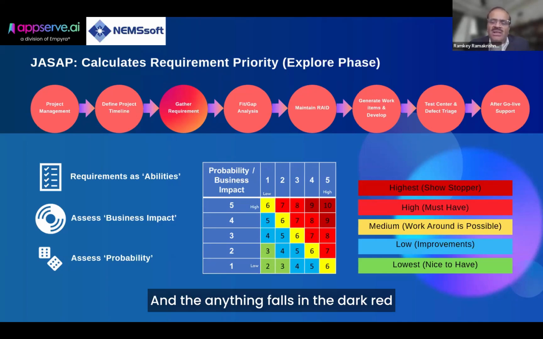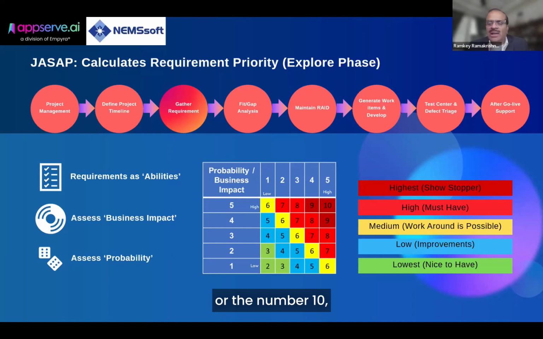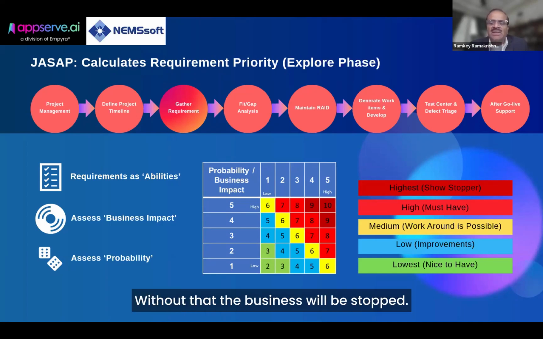Anything that falls in the dark red, or the numbers 10 and 9, is called the highest. Without that, the business will be stopped. We need to deliver this requirement. Similarly, anything in the quarter of 8 and 7 is a high must-have. Whereas for the yellow, we define that as a workaround is possible. That means you can do without it, but ideally we should have it.